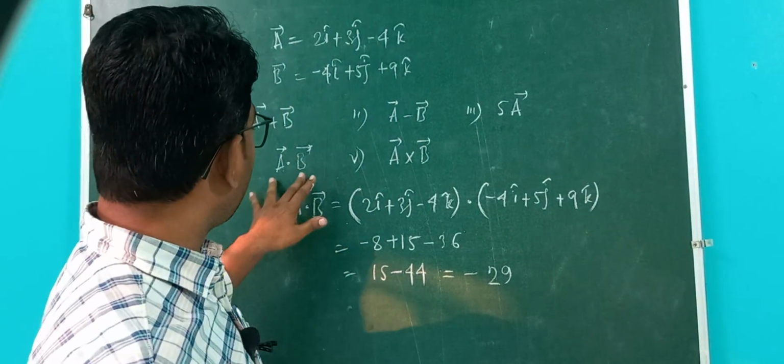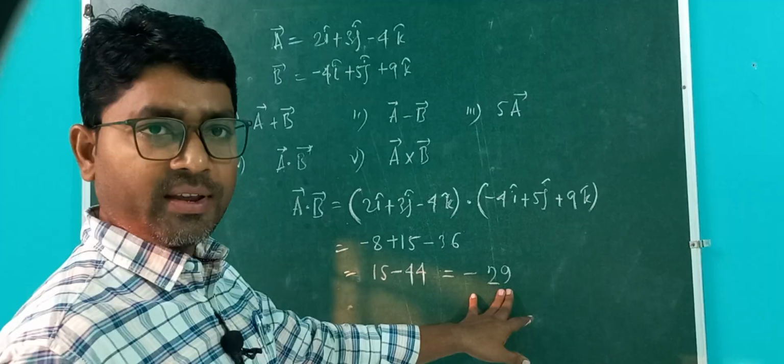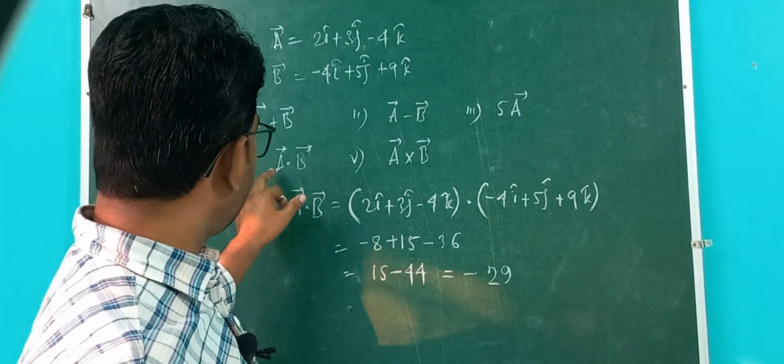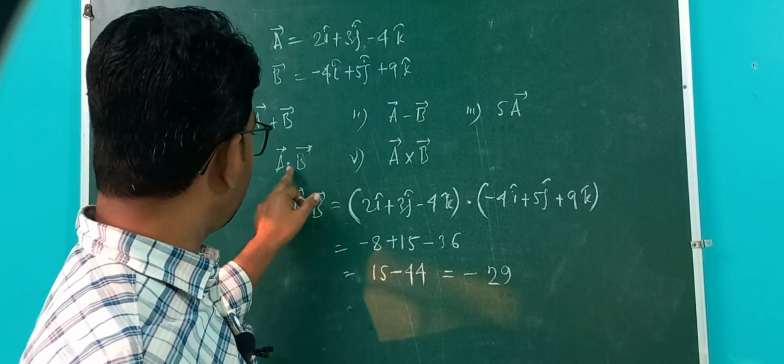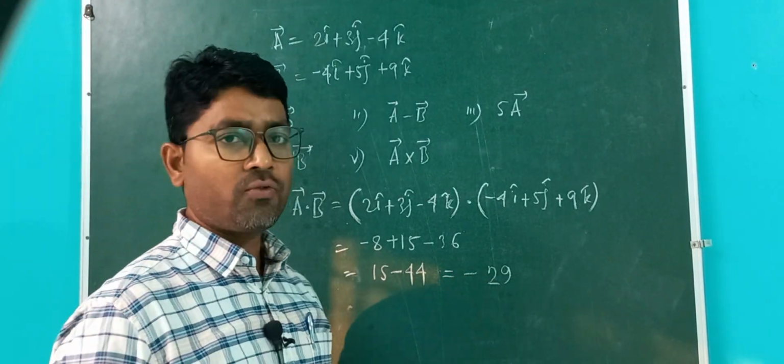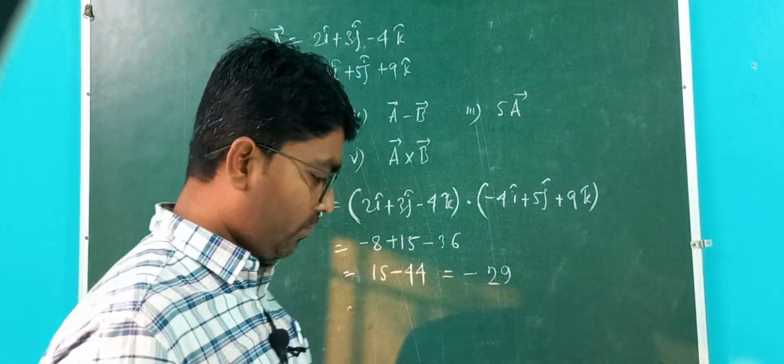Dot product gives a scalar quantity. We get the result minus 29, which is a scalar.